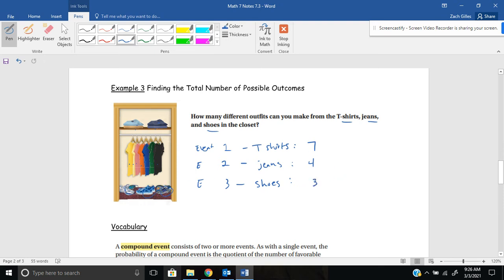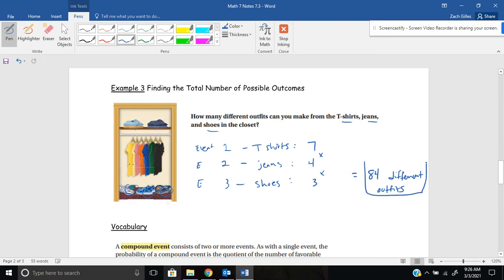So I have 3 pairs of shoes. So just like before, I'll use the fundamental counting principle. 7 times 4 is 28. 28 times 3 would give me, let's see, 84. So 84 different outfits.